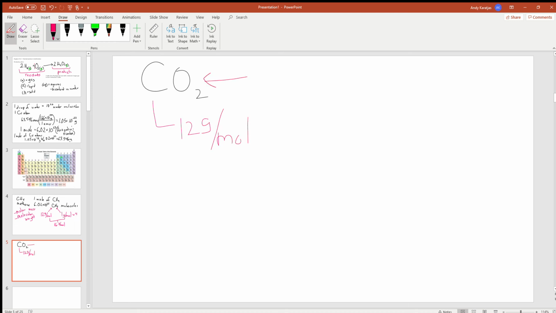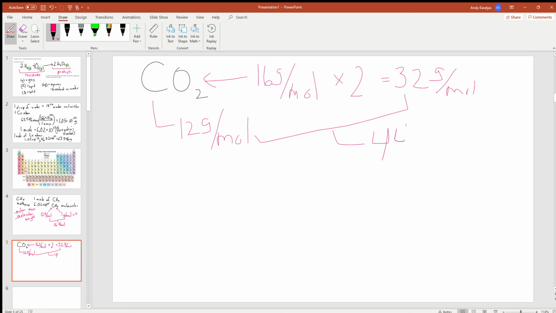Oxygen, 16 grams per mole. There's 2 of them. So we multiply 16 times 2 to get 32. And then we add these together, and so the molar mass of carbon dioxide is 44 grams per mole.